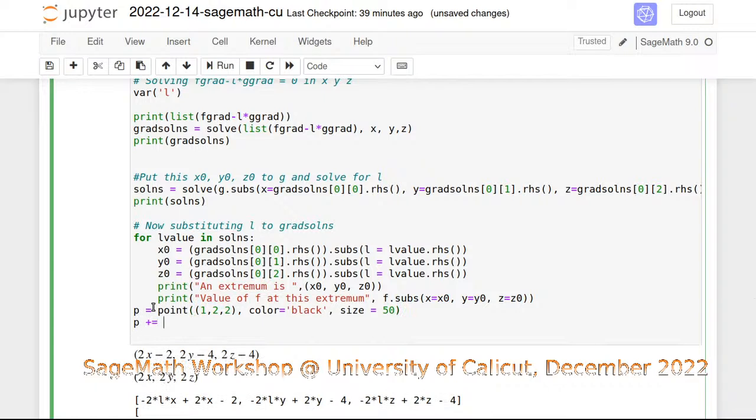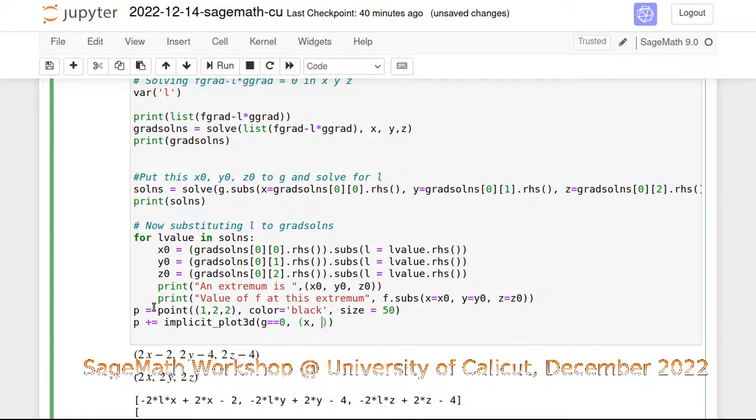Now we need to plot the sphere. Since we have to plot a sphere, which is an implicit equation, x square plus y square plus z square equal to 36, we will use implicit plot 3D instead of implicit plot, with g equal to 0. For the range, since it is 36, minus 6 to 6 is enough.